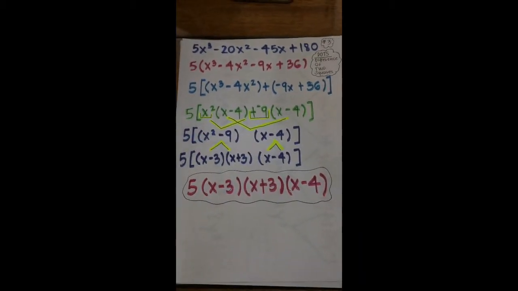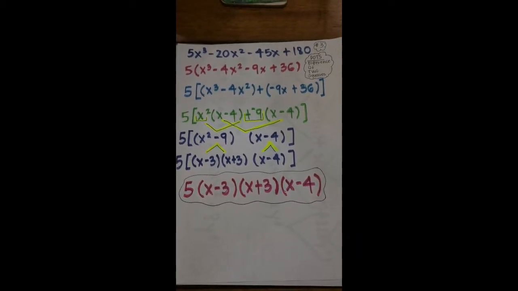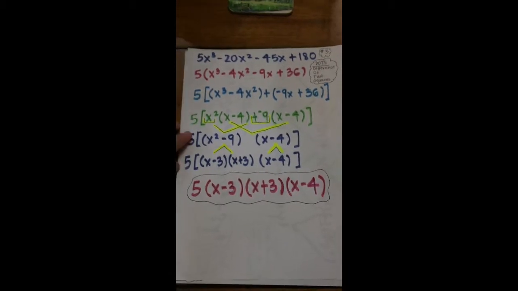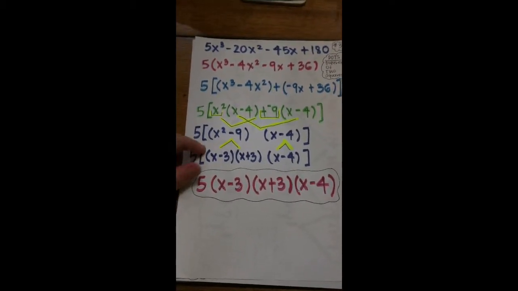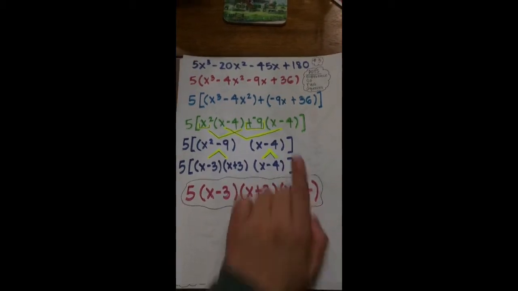So your answer is going to be 5 times x minus 3, x plus 3, x minus 4. So the only thing you had to do in order to get that answer was just basically make the brackets disappear. So yeah, that's it. Time for the fourth problem.